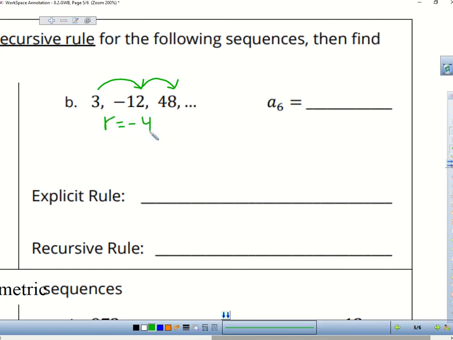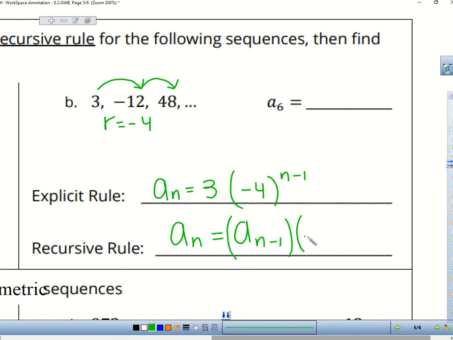You're going to notice that when your common ratio is negative, the terms are going to alternate between positive and negative, because multiplying a negative by a negative, then a negative by a positive, is going to alternate the sign. So your explicit rule is going to be a sub n is equal to your first term times the common ratio to the power of n minus 1. Your recursive rule is always going to be a sub n is equal to a sub n minus 1 times the common ratio.